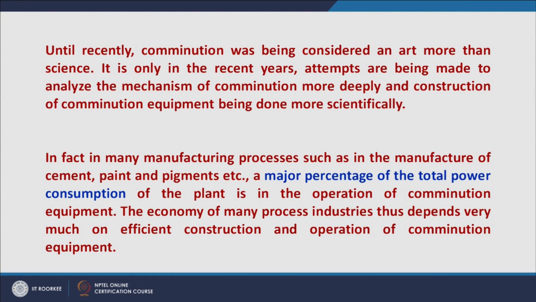In fact, in many manufacturing processes, such as in the manufacture of cement, paint and pigments etc., a major percentage of total power consumption of the plant is in the operation of comminution equipment. The economy of many process industries thus depends very much on efficient construction and operation of comminution equipment.